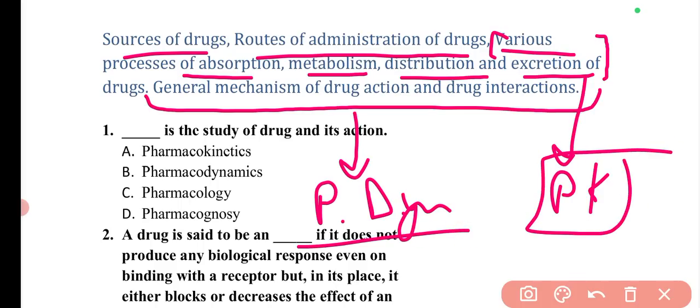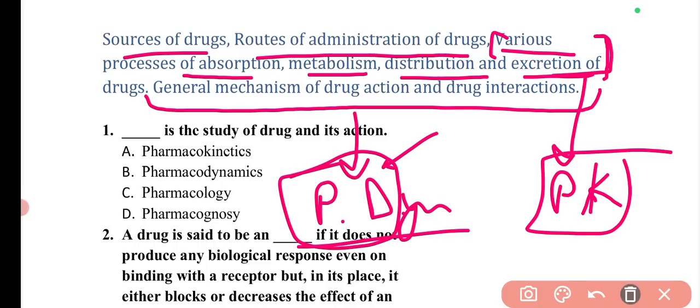Many times the question is asked, what are the subtopics of pharmacokinetics and pharmacodynamics. From these titles only you will be able to know the different things.